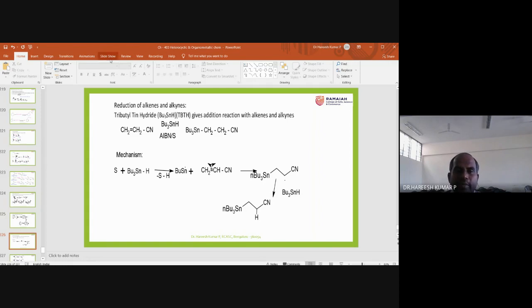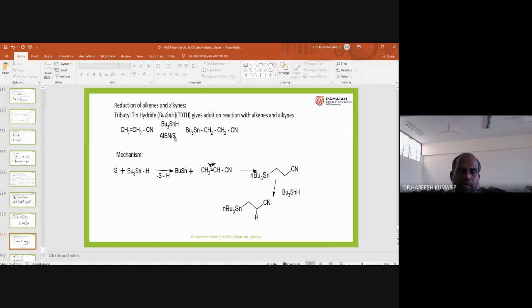So look here, I am taking one more example: reduction of alkenes and alkynes. So this is an alkene. So this alkene, when it is treated with tributyl tin hydride. So here AIBN is what is called a radical initiator. In addition to the radical initiator, sulfur is also added.